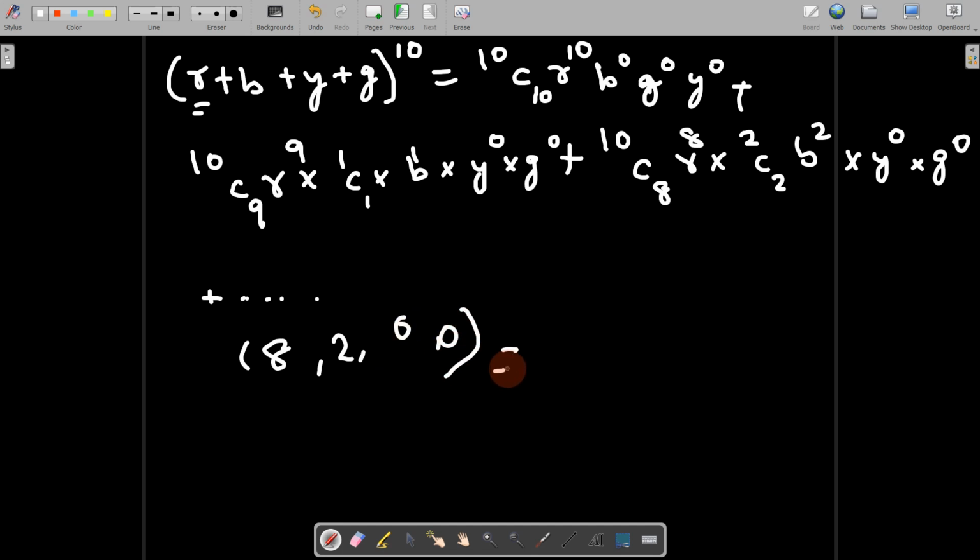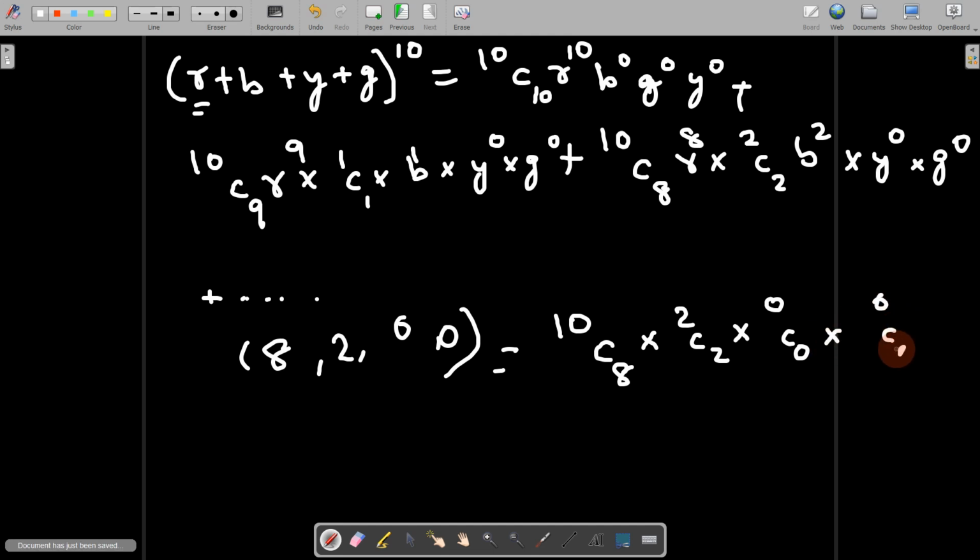So how will we write the coefficient for this? Out of 10, you chose 8 for the red house, and the remaining 2 kids go to the blue house, and 0 choose 0 goes to green, and 0 choose 0 goes to yellow house. That is one way, right?